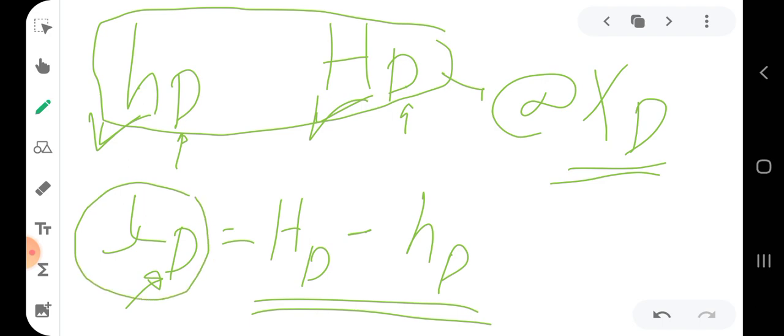So we are just defining a parameter. But why are we defining this parameter? Because we are going to use it. How are we going to use it? We are going to use it in order to determine the duty of the condenser.